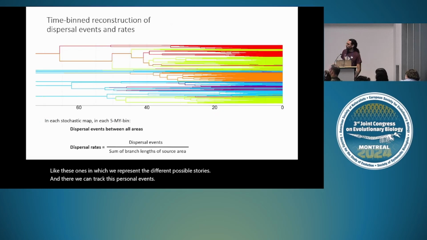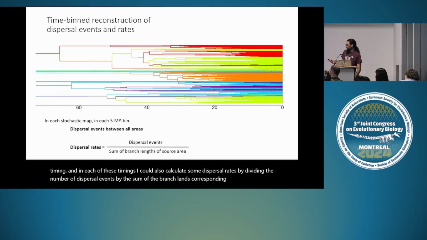So in this case, I was counting how many dispersal events happen in each 5 million year time beam. And in each of these time beams, I could also calculate some dispersal rates by dividing the number of dispersal events by the sum of the branch lengths corresponding to each source area.